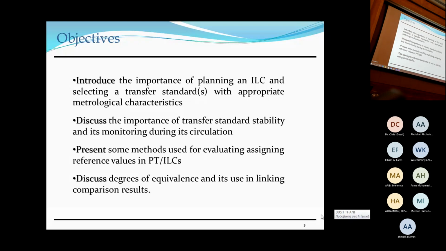So obviously, if the transfer standard is not stable, then they're not going to be measuring the same thing. Of course, in many instances, it can be corrected, but again, that's an approximation. That's additional uncertainty that someone will have to introduce. So based on its technical characteristics, the transfer standard should also be stable, okay?